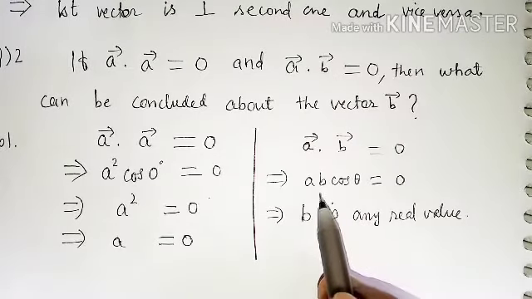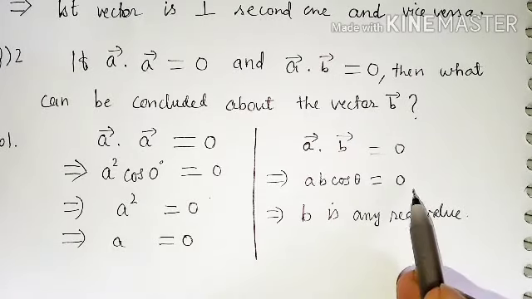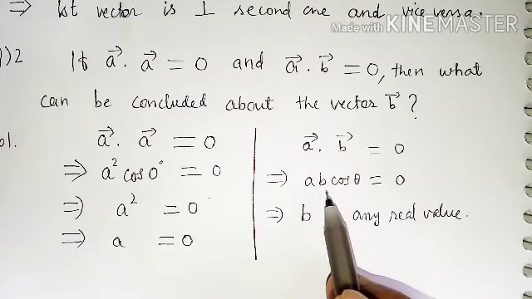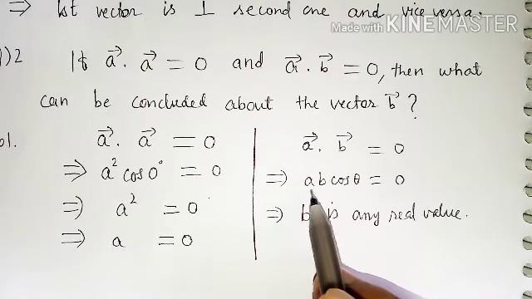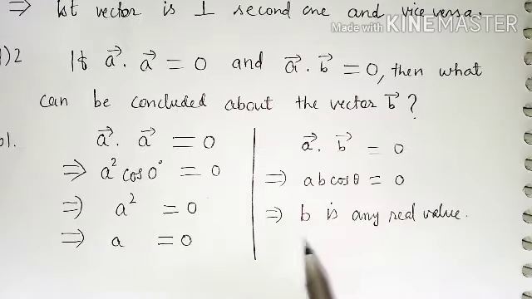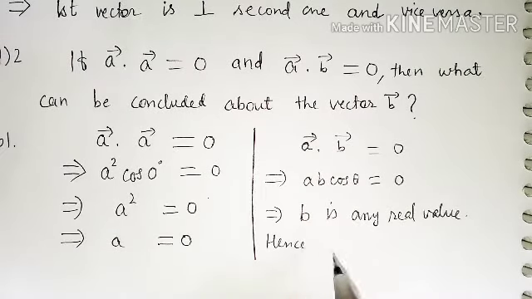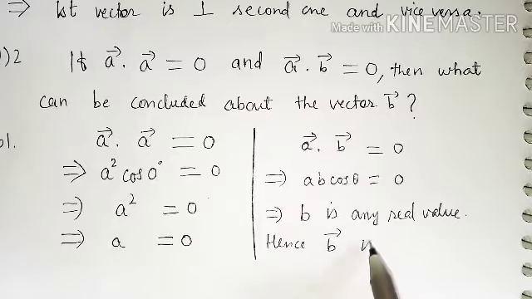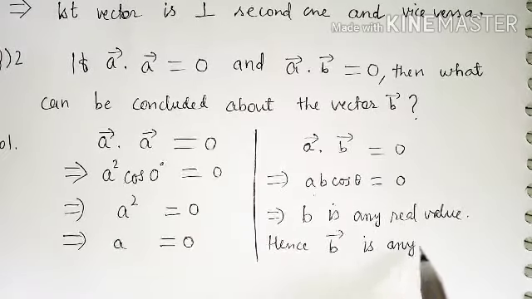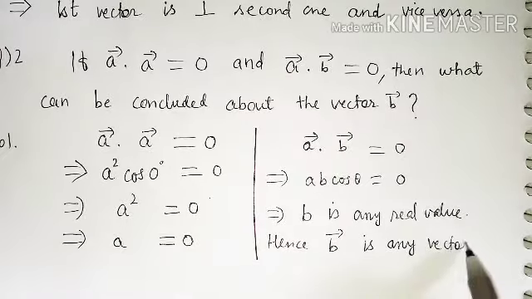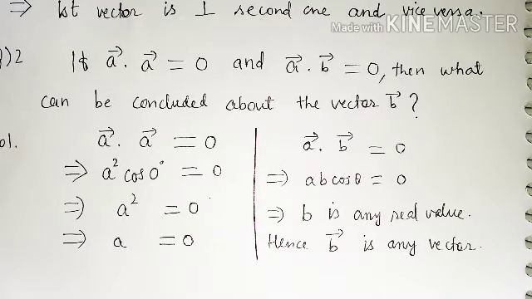If B is 0, then also AB cos theta is 0. If B is not 0, then as A is 0, AB cos theta is 0. Hence, vector B is any vector. Any means null vector or non-null vector. Null vector is the vector or zero vector having magnitude 0.